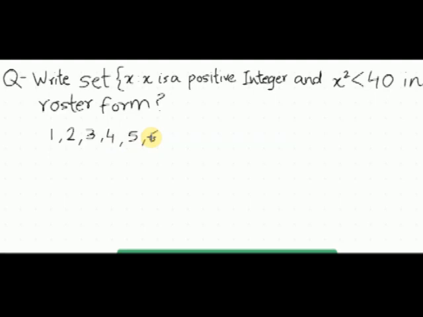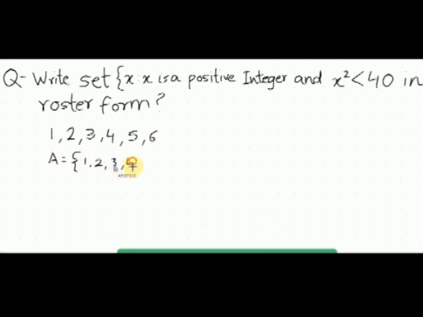Okay, so we have to write them into the roster form. To write them into the roster form, we will represent it like this: the set A, okay, and then 1, 2, 3, 4, 5, and then 6, right?